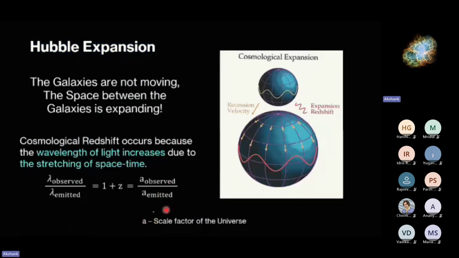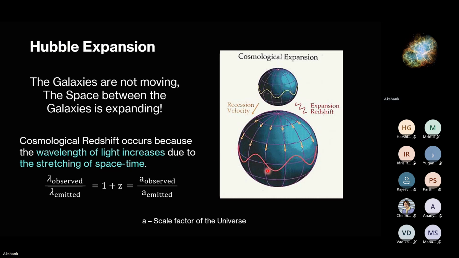And apart from that, if you remember, we also discussed that this is observed as cosmological redshift. The light from distant galaxies seems to be redshifted, and that redshift is happening because of this expansion. The wavelength of light is being expanded.